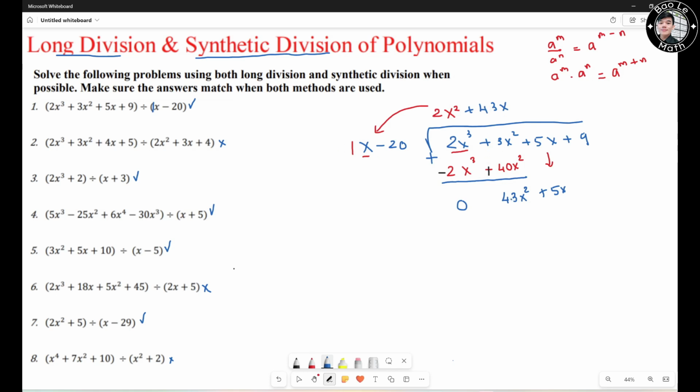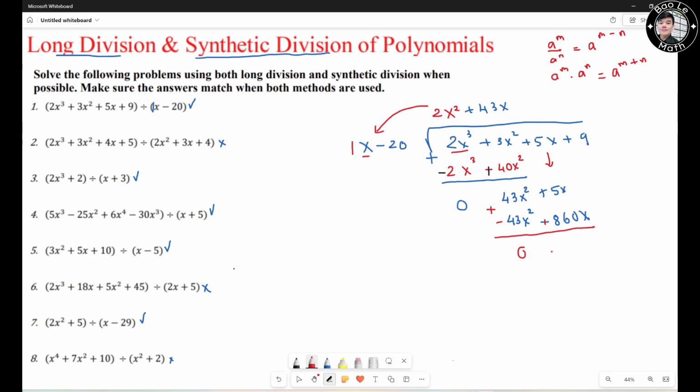Now you multiply this back, so it's 43s squared, and 43s times negative 20 is going to be negative 860s. Then change the sign. This becomes negative, this becomes positive, and you place the plus sign right here. This and this are gone, it's going to be 0.